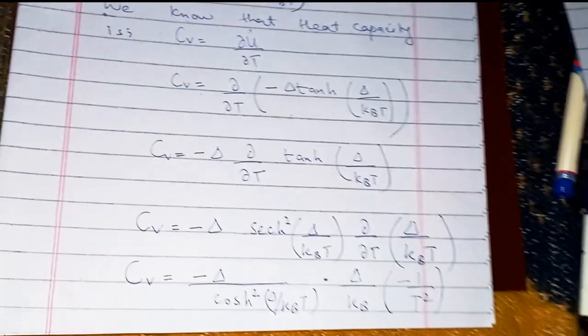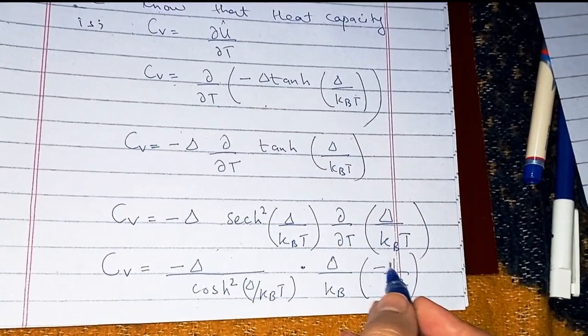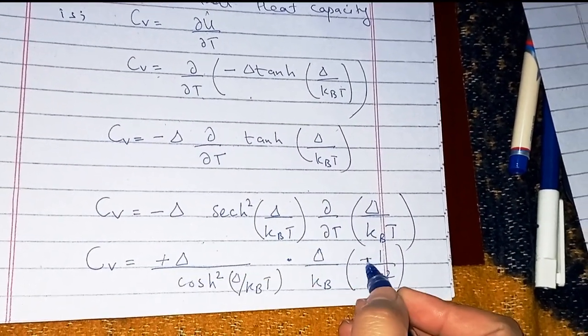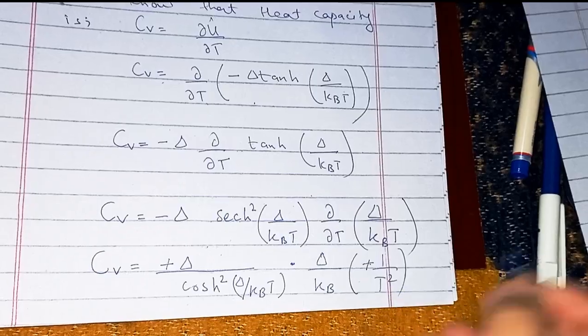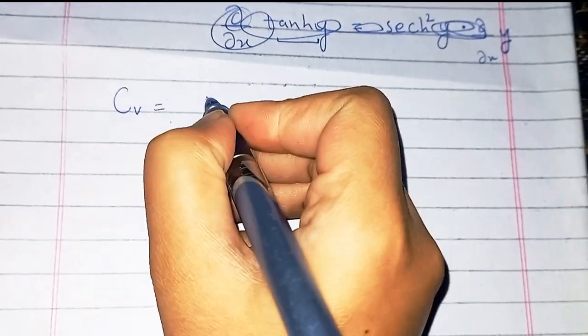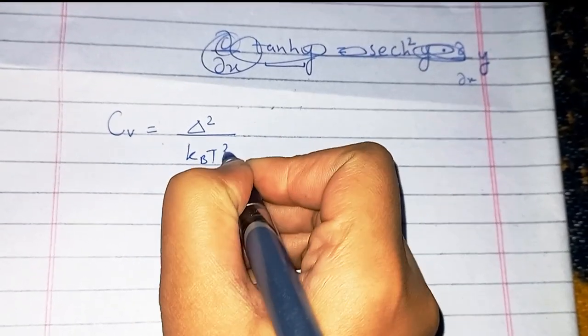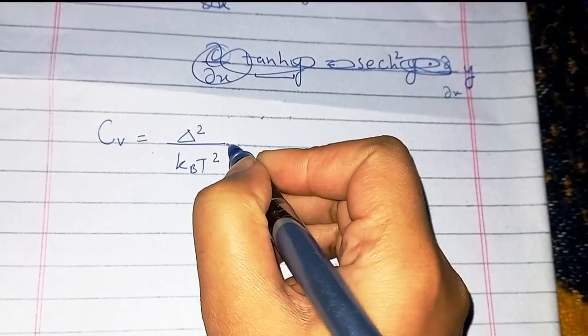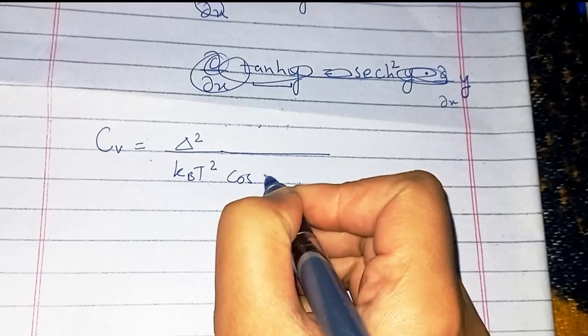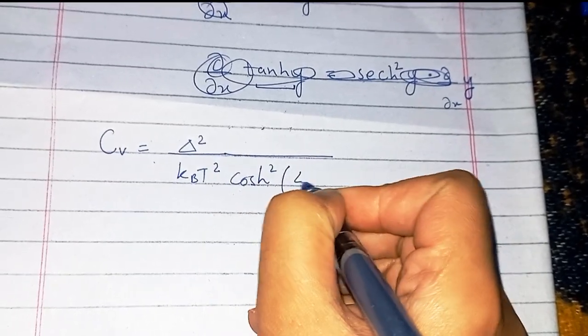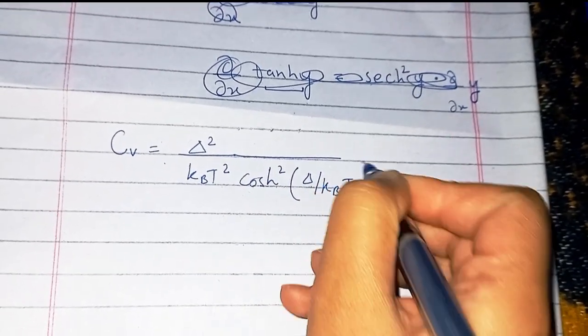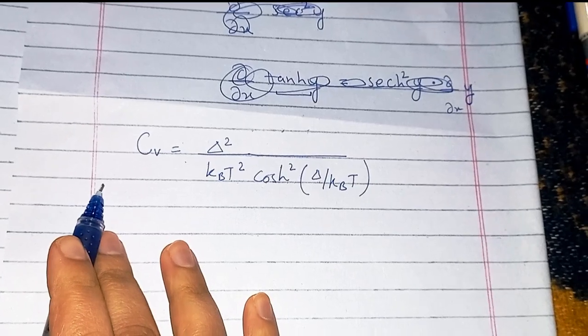So let's simplify here. It's minus, it becomes plus delta squared, and CV equals delta squared by kBT squared, and we can write cosh squared delta by kBT. That's the formula so far.